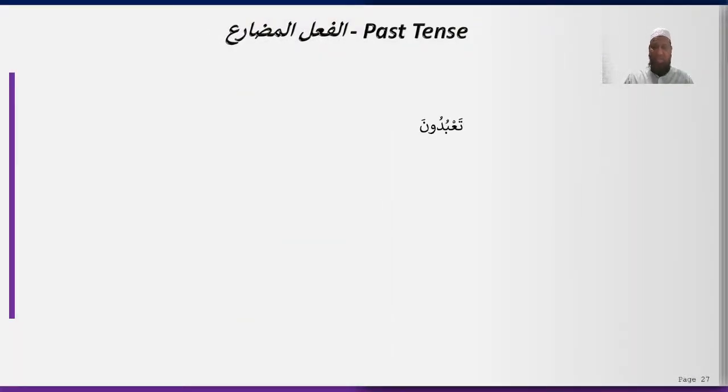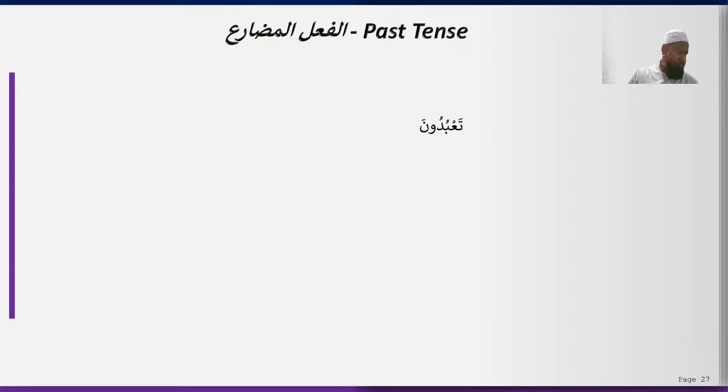Next, تعبدون. What siga is this? We see waw al-jama'a and the noon is there for ثبوت النون for the marfu' case, and we see the ta at the beginning as حرف المضارع which is for mukhatab. Can we have ism al-dhahir as the fa'il for this siga?